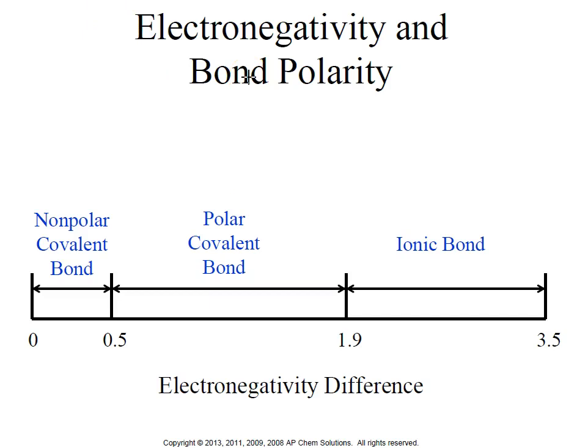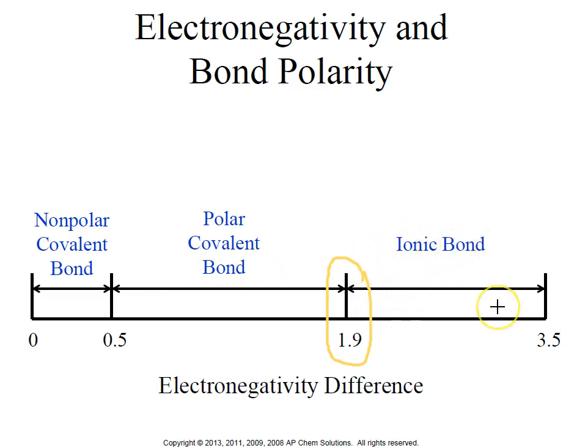This continuum kind of shows us that scientists have created these distinctions between covalent and ionic, but really it's this continuum. So, for example, if two atoms have an electronegativity difference of 1.9, they are right on the line between covalent and ionic.